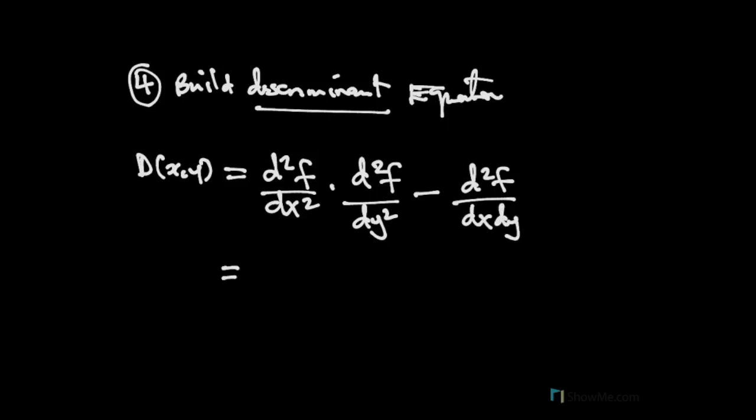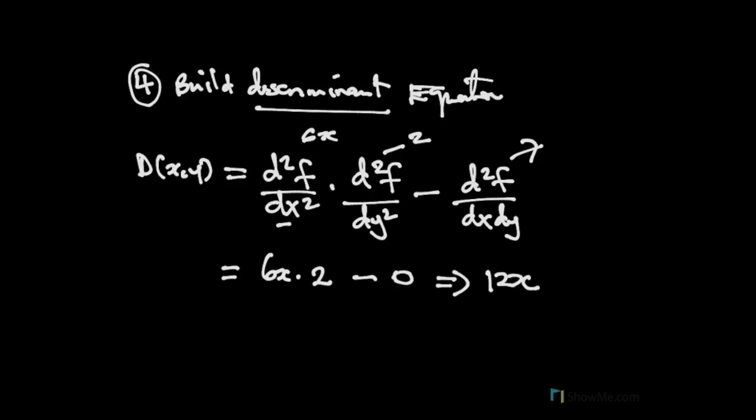So we already see here we have 6x times 2, minus 0. We found this one to be 0. So now that is 12x.